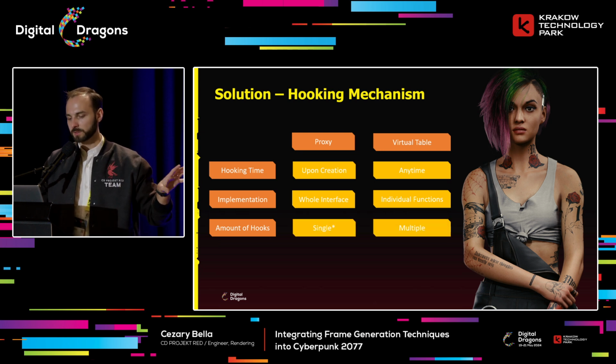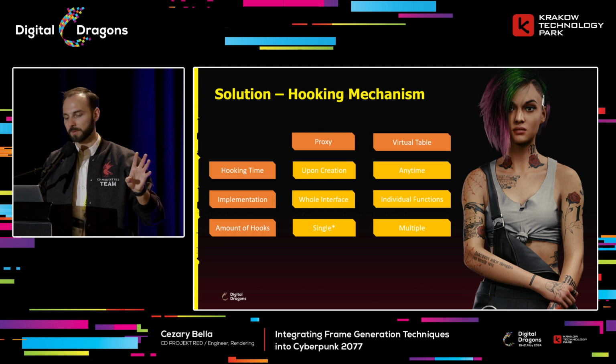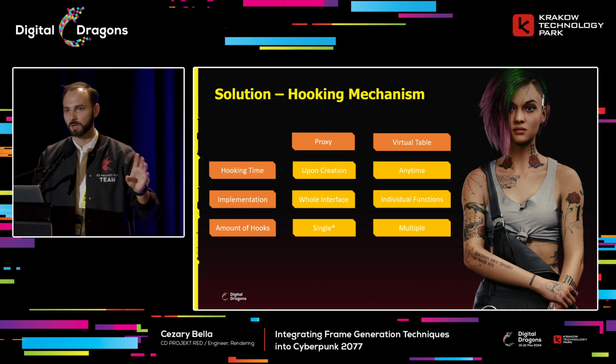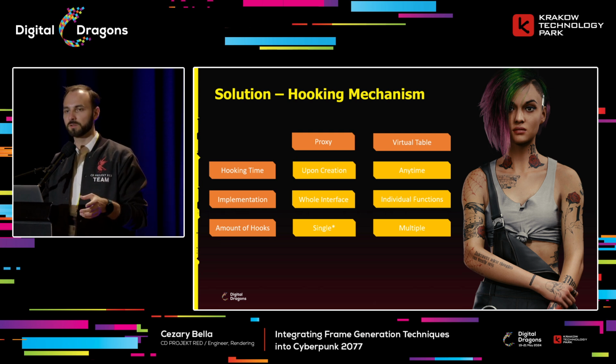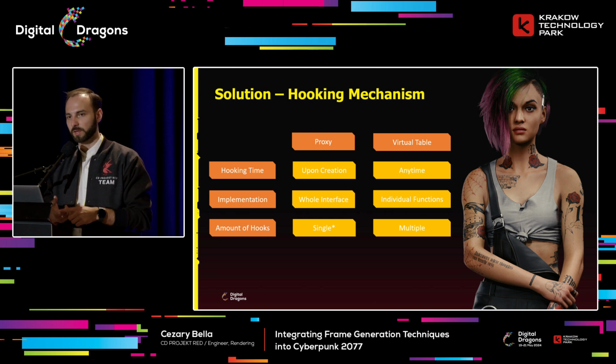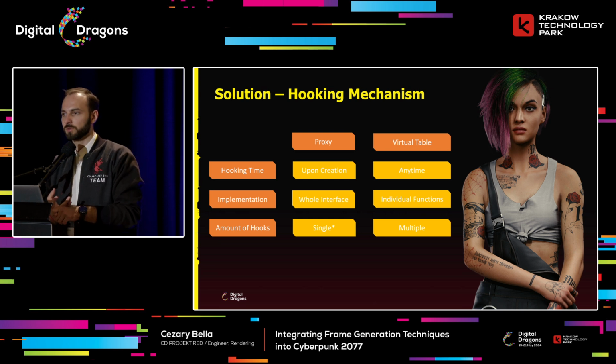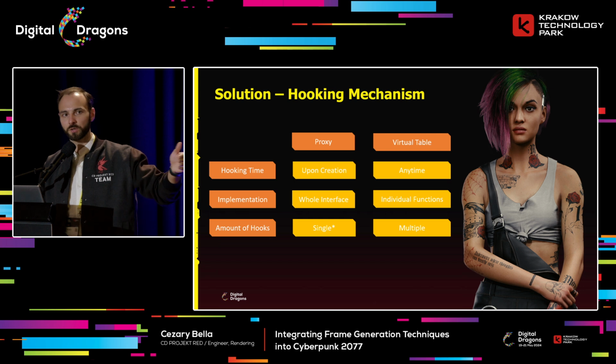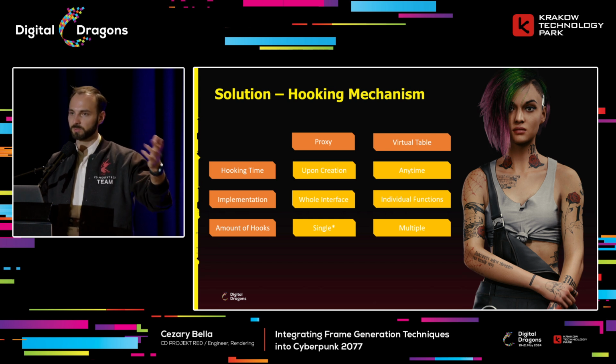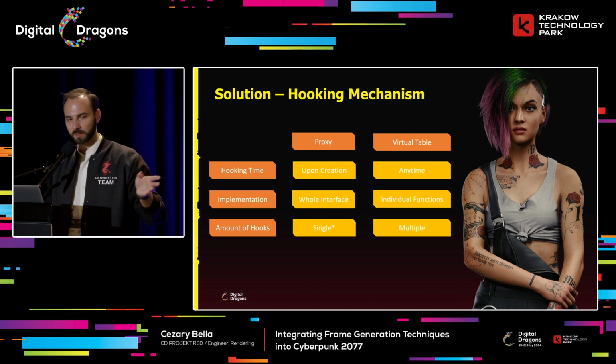And then the amount of hooks. With a proxy, I'd say you can only have a single proxy. I mean, there's an asterisk, because you can actually overcome that, but it's difficult. It requires a lot of careful implementation in order to be thread safe, and to be sure that all the previous proxy creation is already done, and it's a little bit messy.